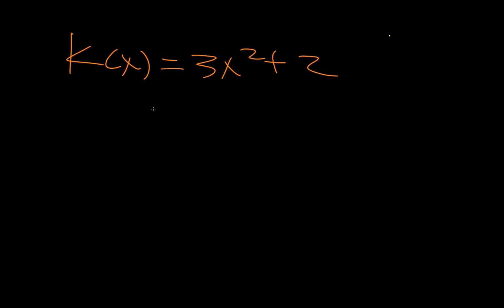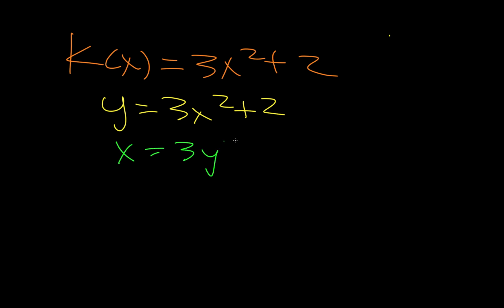It's gonna follow the same thing. So we change it to xy notation. We swap the x and the y's. We start to solve for y. Continue to solve for y.